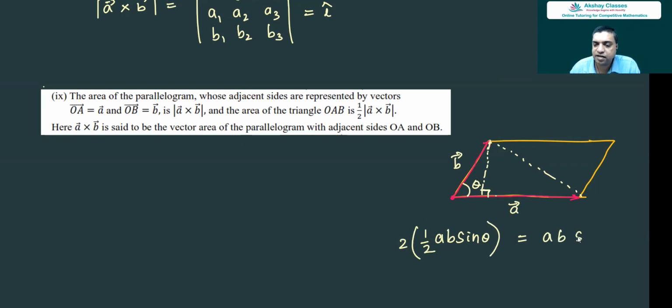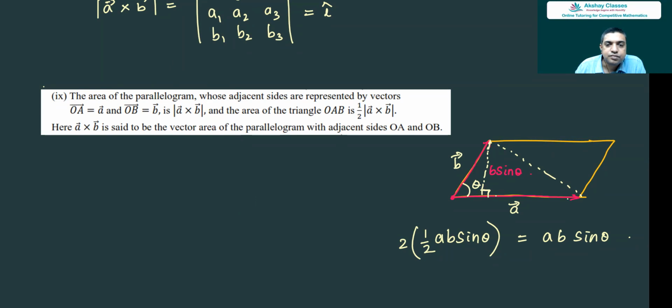So AB sine theta is the area of the parallelogram, and half AB sine theta is the area of the triangle. B is the hypotenuse, and the opposite side in terms of the angle here is B sine theta.